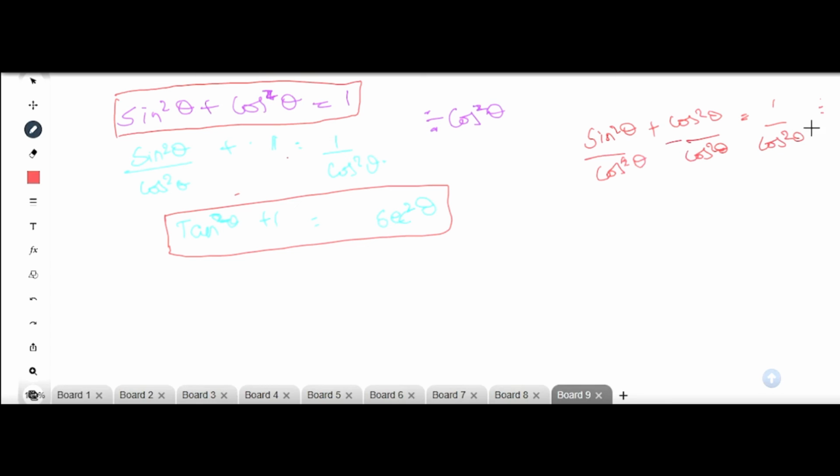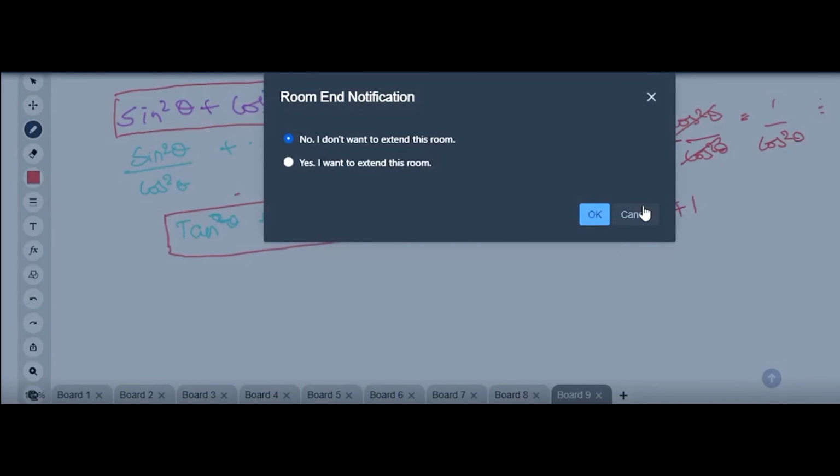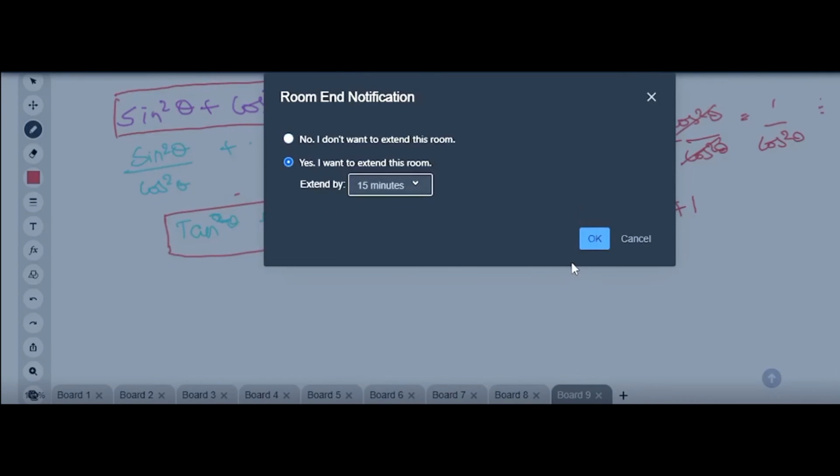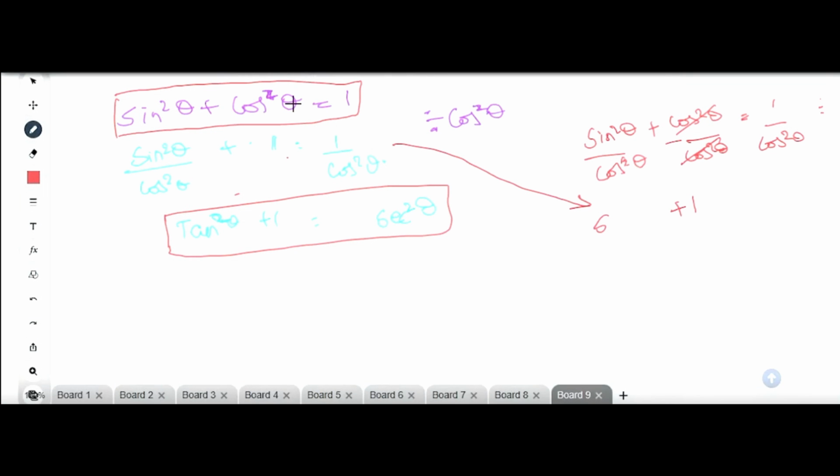But since you are dividing separately, this and this gets cancelled, and you put plus 1. Sin square theta by cos square theta is nothing but tan square theta plus 1. So in this case you won't be able to cancel, because you have to take the LCM, and only then it becomes the original equation. Right. Perfect.